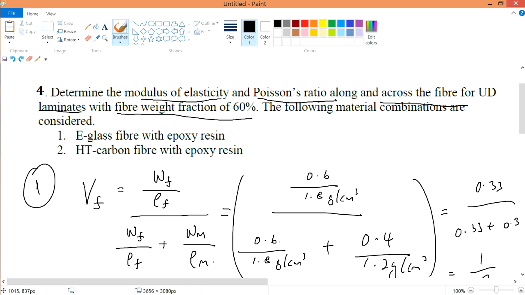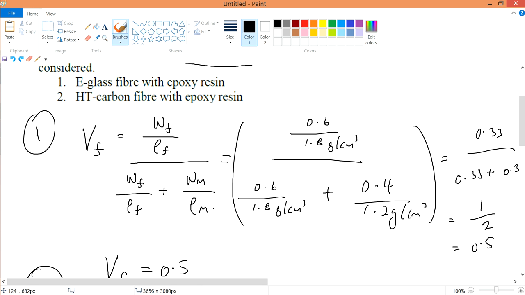Once you know the weightage of the fiber and the matrix, you should also know the density. If the density is not provided to you, you need to find it yourself in the data sheet. Find it out: 1.8 grams per cm cube, while the matrix is 1.2.